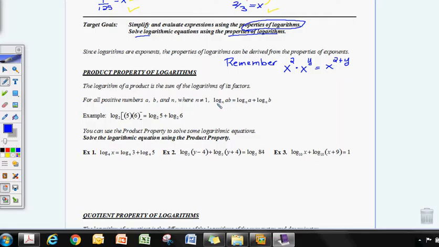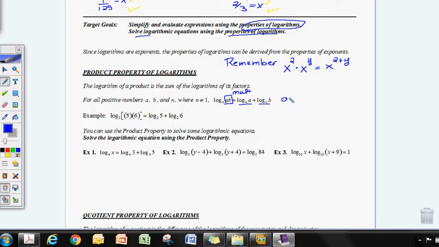So the same idea is going to happen in logs. Do you see how a and b are being multiplied here? And the easy way to break them apart is it goes into a plus and a plus. Okay, so that's the first thing that you guys need to be able to see. From a log, we can break it down into addition.